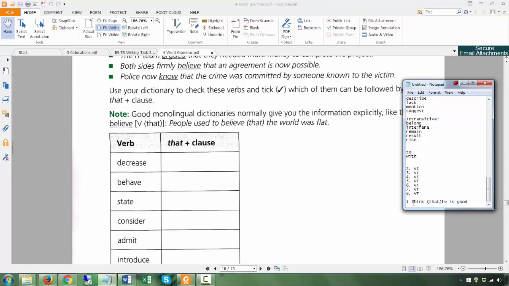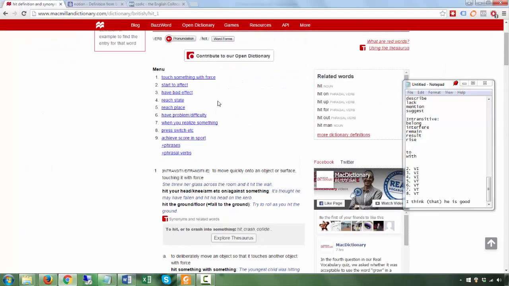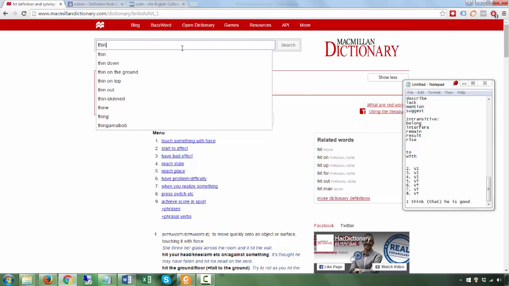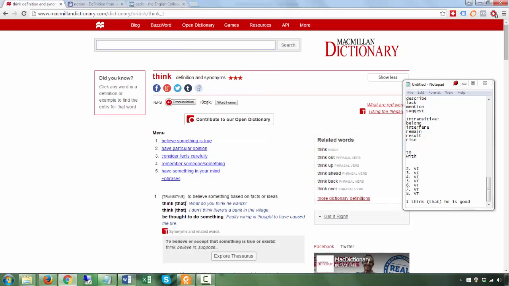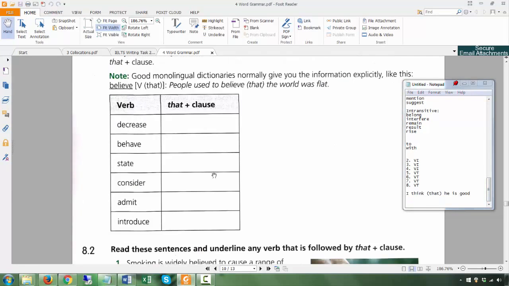You don't have to use that, because it's in brackets, but it's basically using this pattern, that plus clause, which is a clause with subject plus verb.